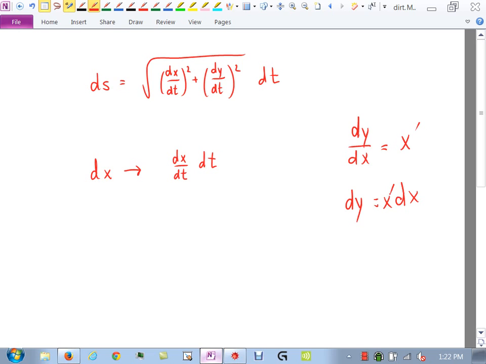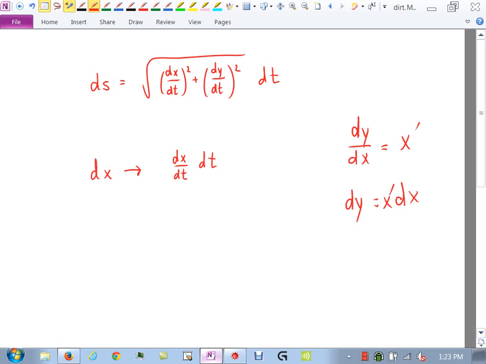I'm trying to see if anyone can tell me what this new line integral is doing. It's the same as this, but something subtle is happening here. When you do a line integral with respect to x, can anyone tell me something about y? You're assuming it's a constant. Why?